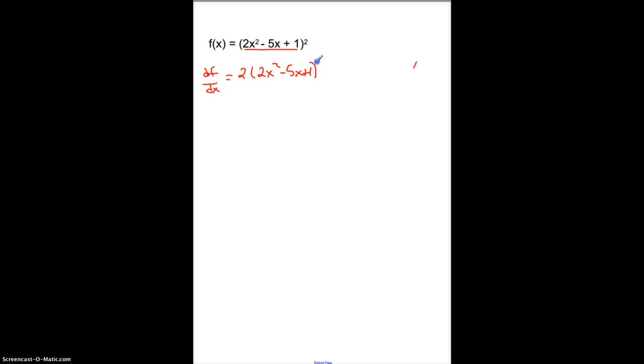Now 2 minus 1 is 1. And now I need to take the derivative of the inside. So the derivative of 2x squared minus 5x is 4x minus 5. And, you know, I'm interested in you being able to do calculus, not to multiply all this mess out, but we're going to simplify this a little bit. 8x minus 10 times 2x squared minus 5x plus 1, but you don't have to do any more.